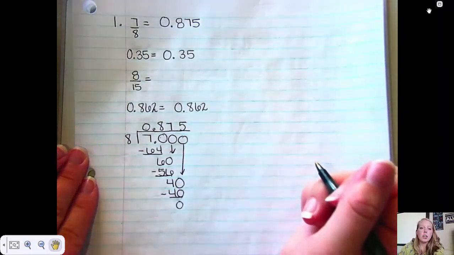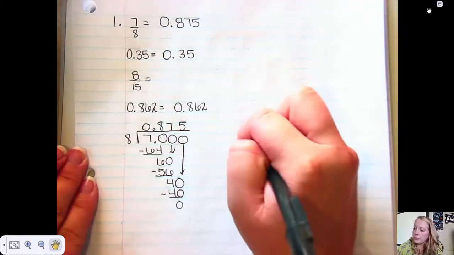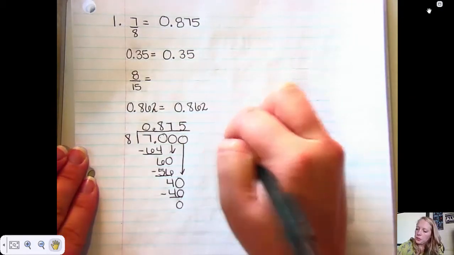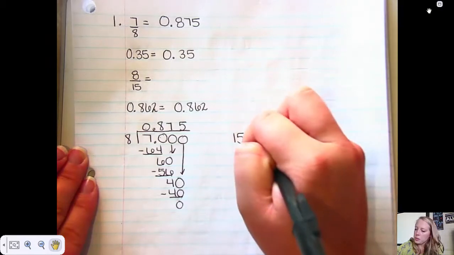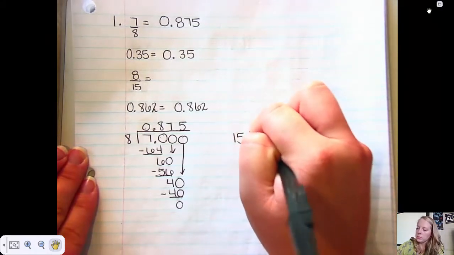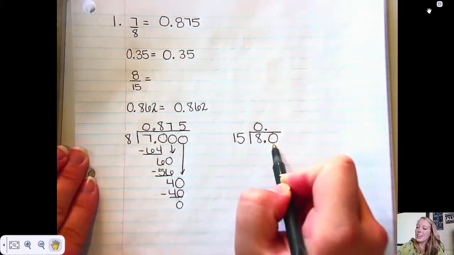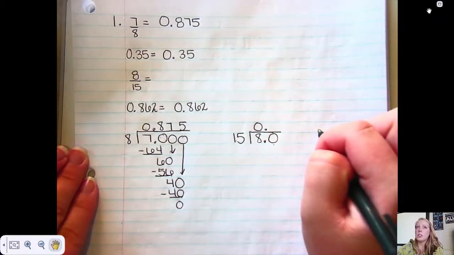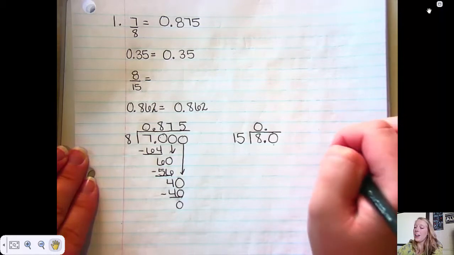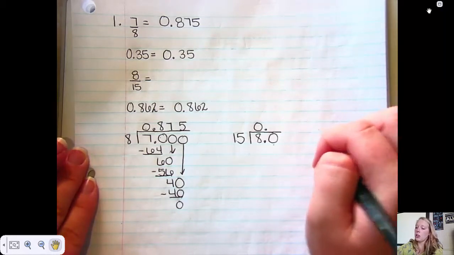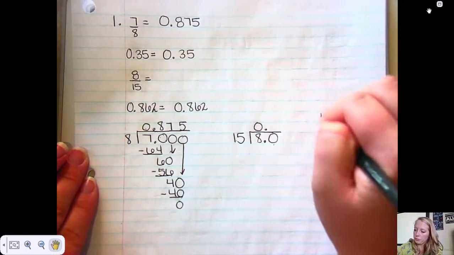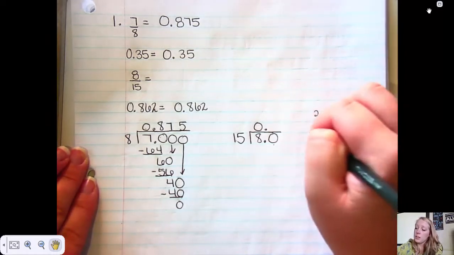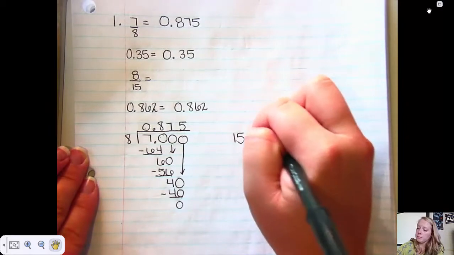And then we need to convert 8 fifteenths the exact same way. So top in, bottom out. 15 goes into 8 0 times. 15 will go into 80. Well, let's see. 15 times 2 is 30. 15 times 3 is 45. Okay, let's try 15 times 5. That would be 75. Okay, that works out nicely.